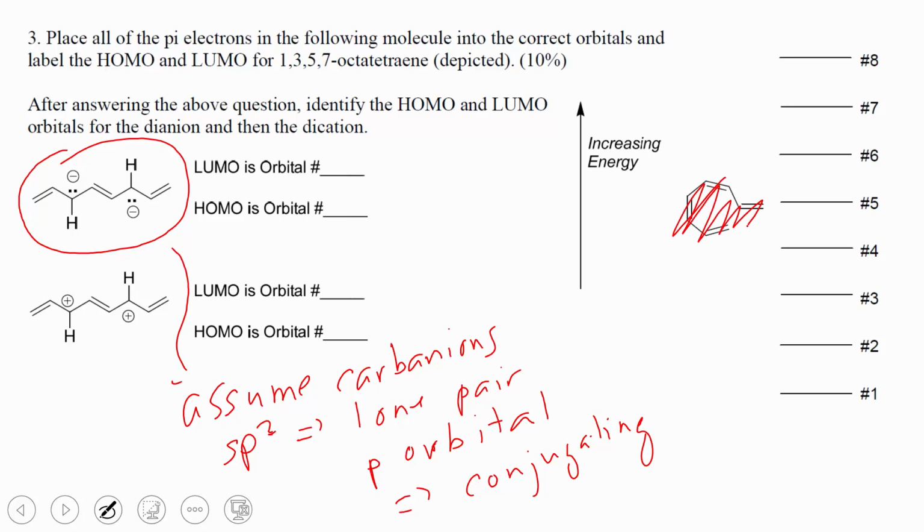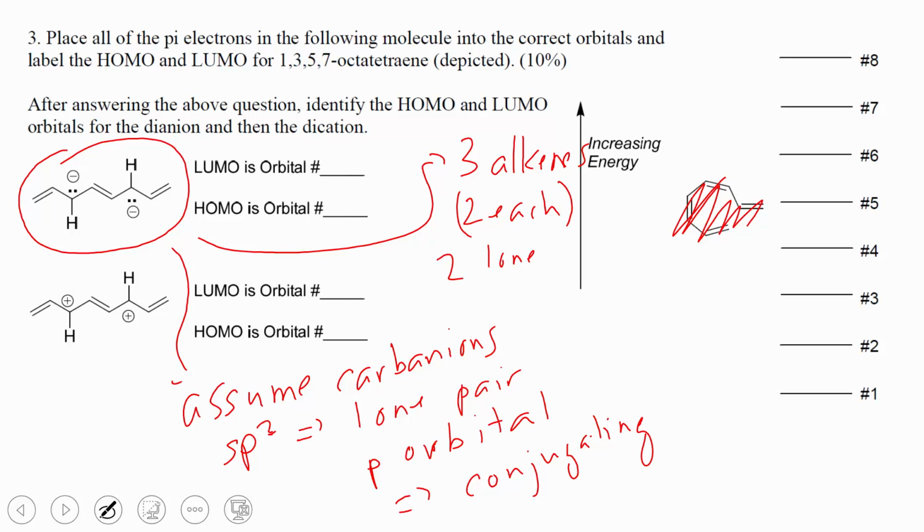This one is going to be focused on the dianion right here. If you look at how many pi electrons we have, 3 alkenes contribute 2 each. We have 2 lone pairs. They also contribute 2 each. If we add these numbers up, we come up with 10 pi electrons.